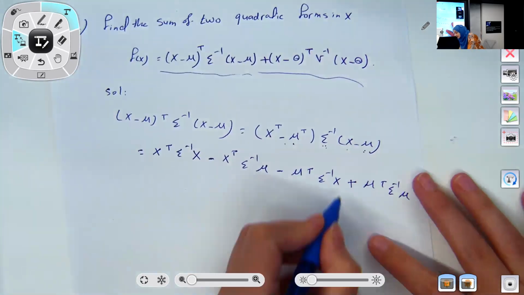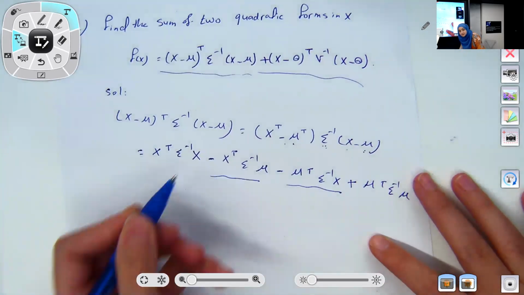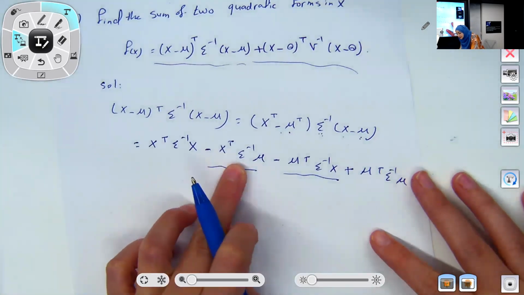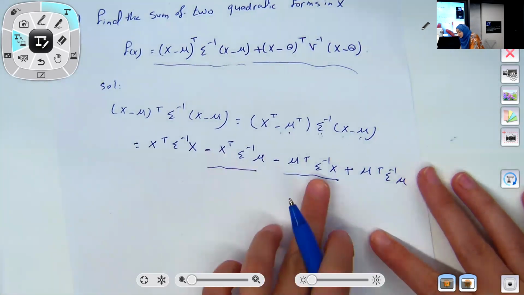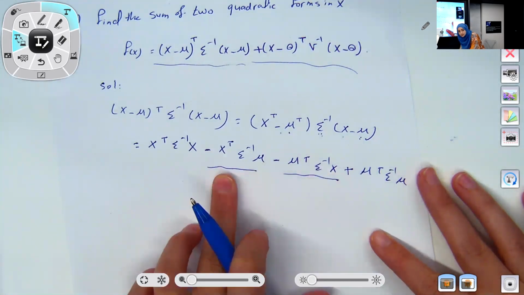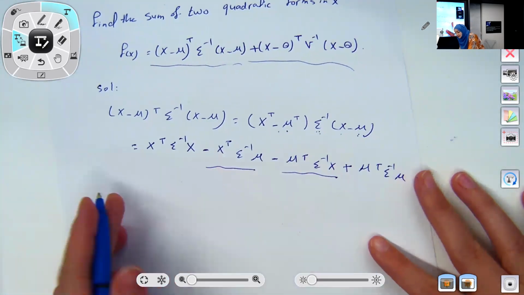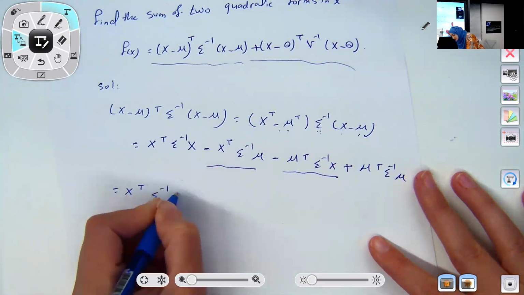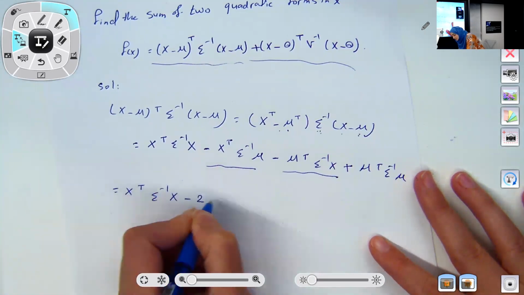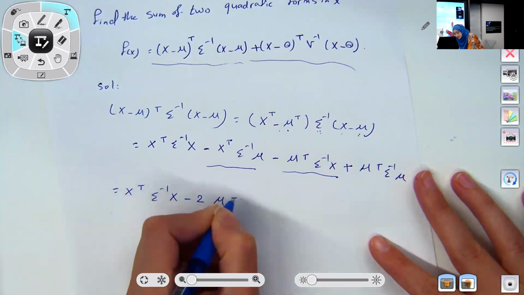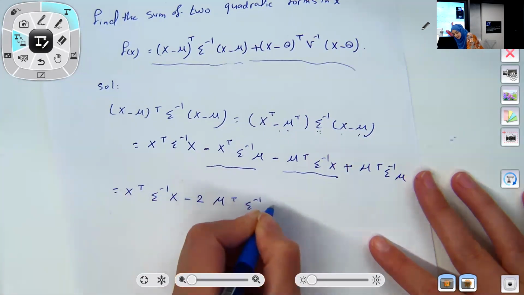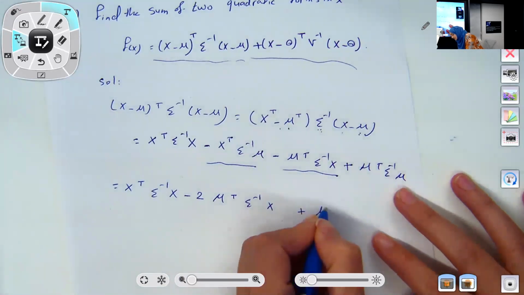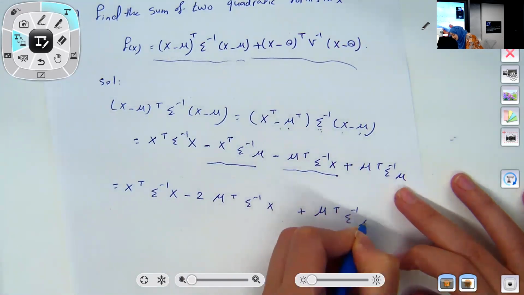If you look here, this item and this item are the same, because each consists of a vector transpose times a matrix times a vector. So you can add them together. We can simplify and write it as x transpose sigma inverse x minus 2 mu transpose sigma inverse x, plus the last item, mu transpose sigma inverse mu.